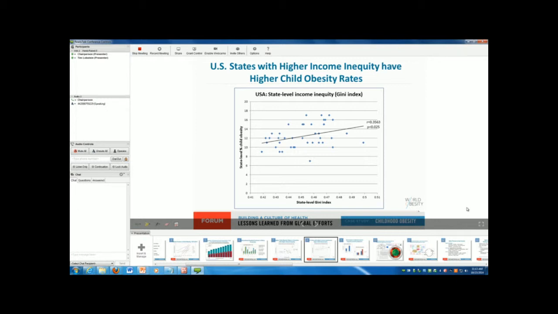Not very strong, but then the index isn't particularly trying to measure households with children in them. So it's there, it's significant. So the level of inequality or inequity in a society, economic inequity, household deprivation, the degree of rich versus poor, how rich are the richest, how poor are the poorest, seems to affect health, and certainly child obesity. So that's one dimension I want to bring out that isn't often mentioned, this overall level of inequity in society.